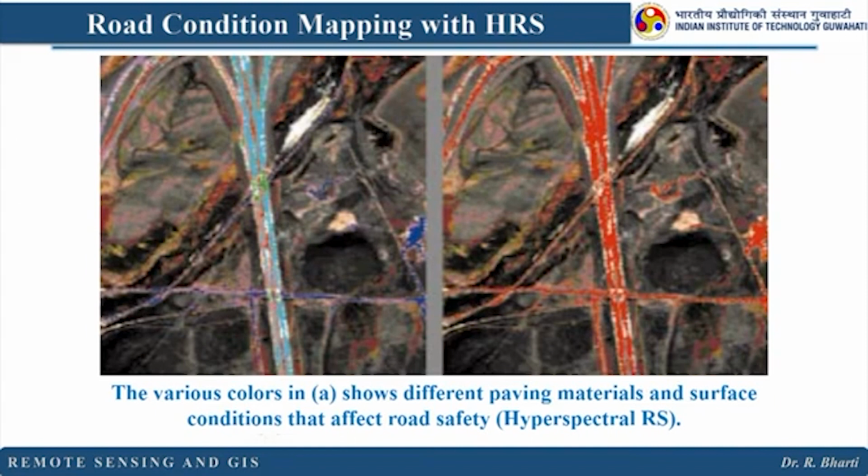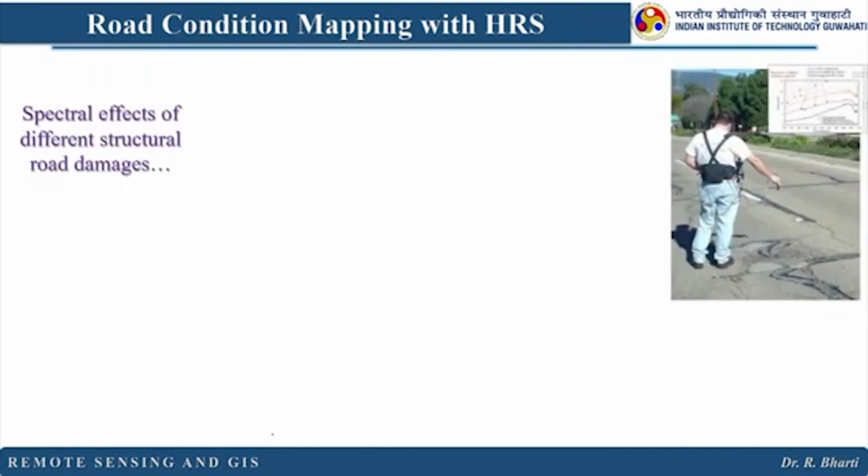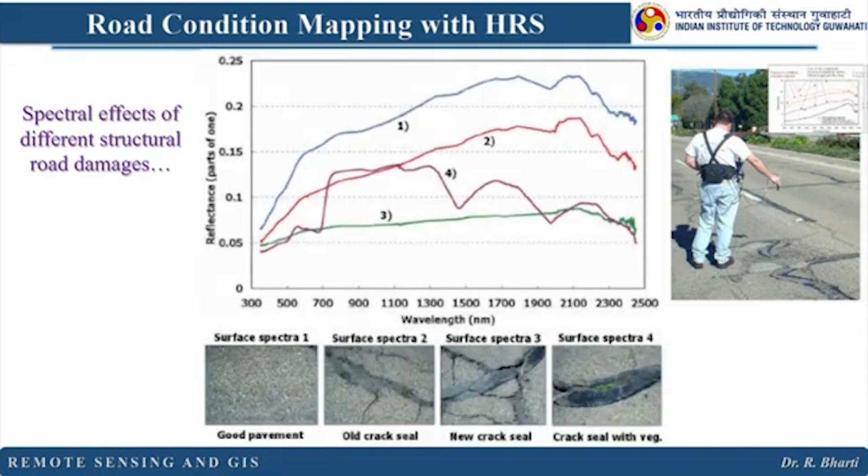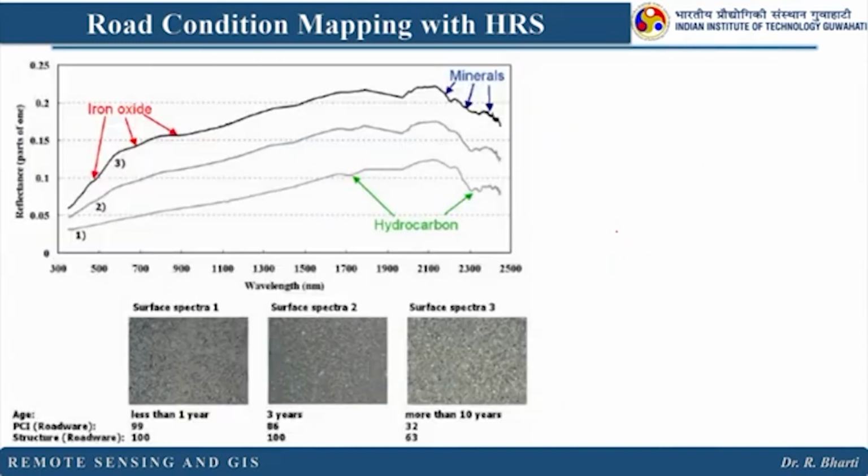This I have already explained in my previous lectures, where hyperspectral remote sensing data is used to identify the paving material and surface condition. The other example I showed you was the identification of road condition using spectral profiles.